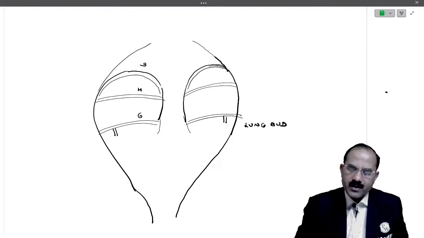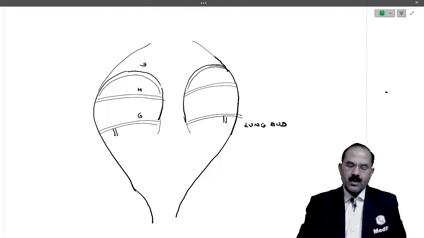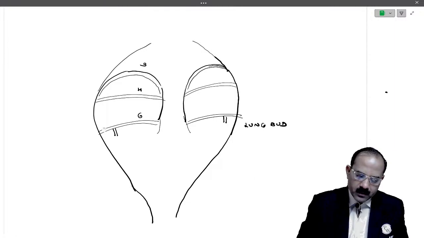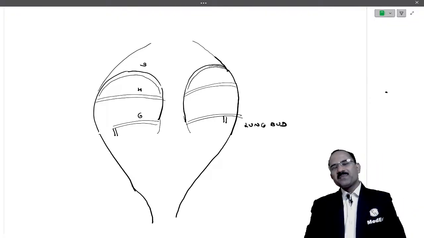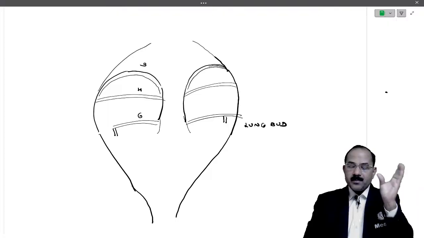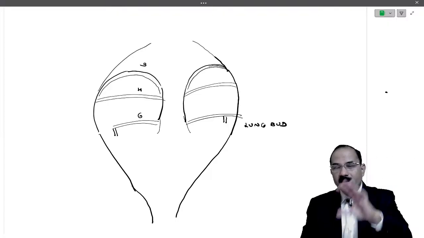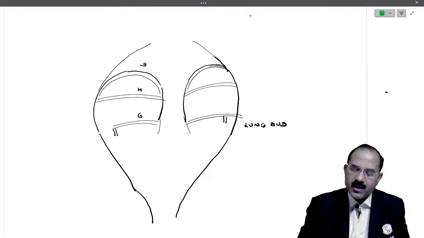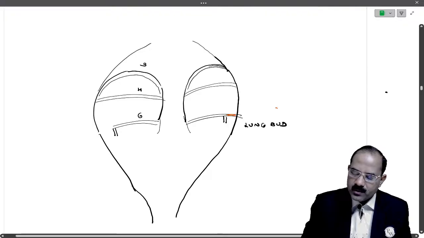On the right side, this part of the sixth arch artery between the lung bud and the aorta disappears. On the left side, what is this going to form?